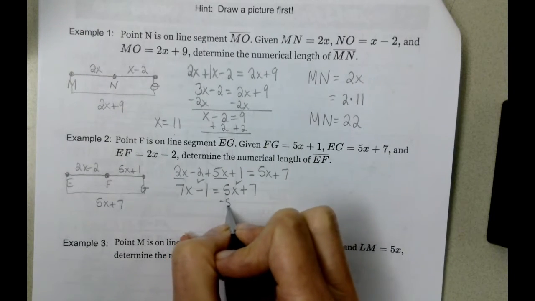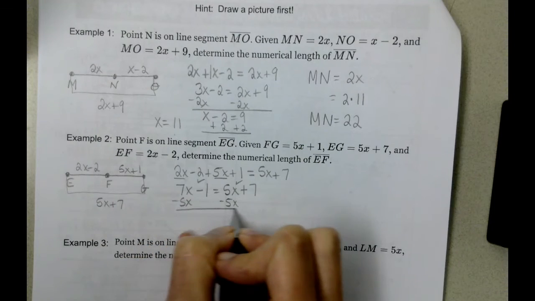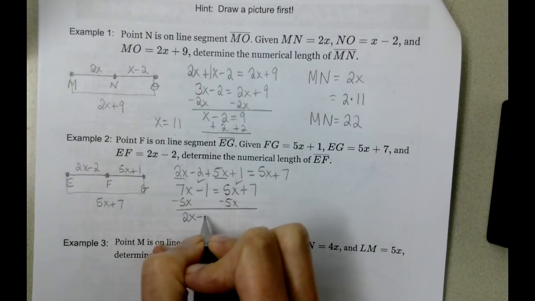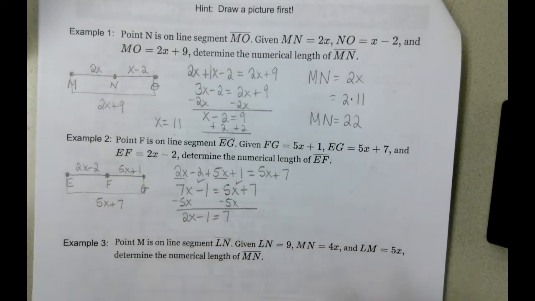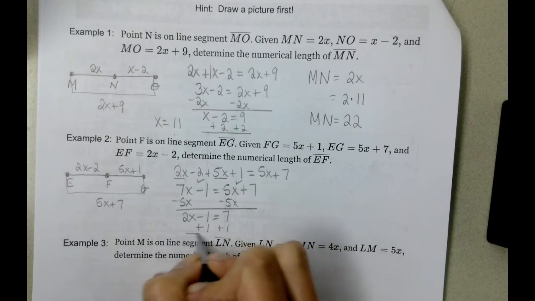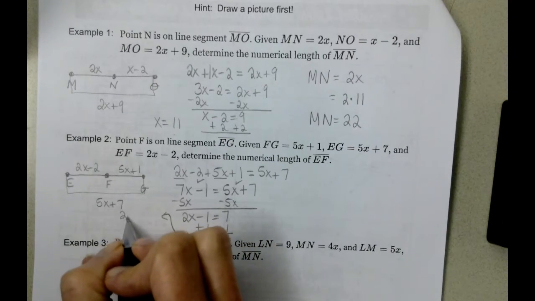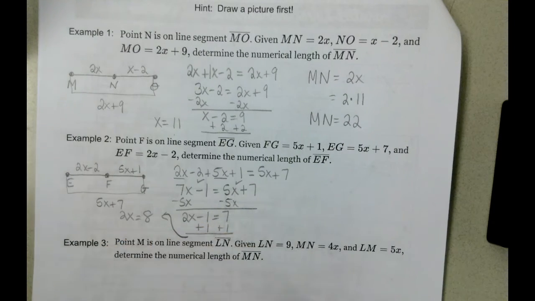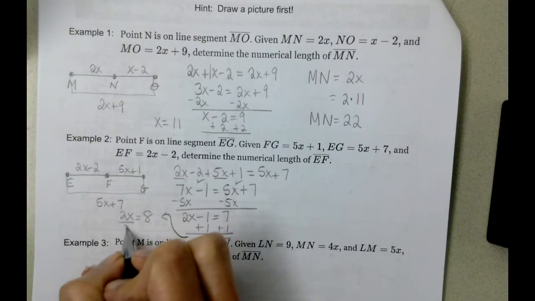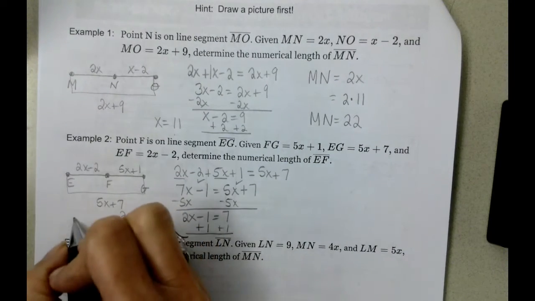Let's subtract 5x from both sides, and we get 2x minus 1 equals 7. We can add 1 to both sides, and then we end up with 2x equals 8, and divide both sides by 2. So we end up with x equals 4.